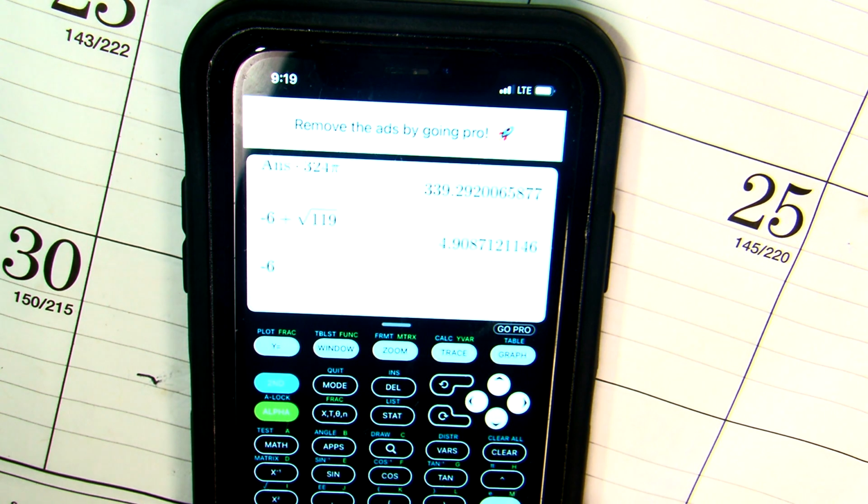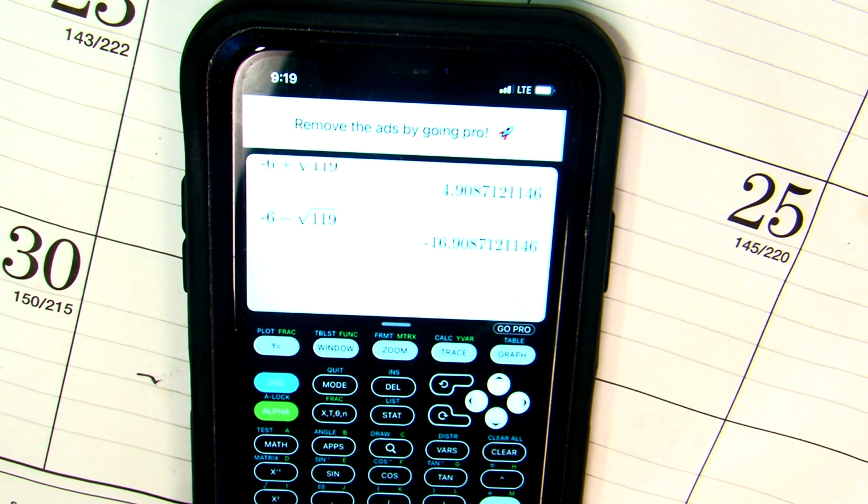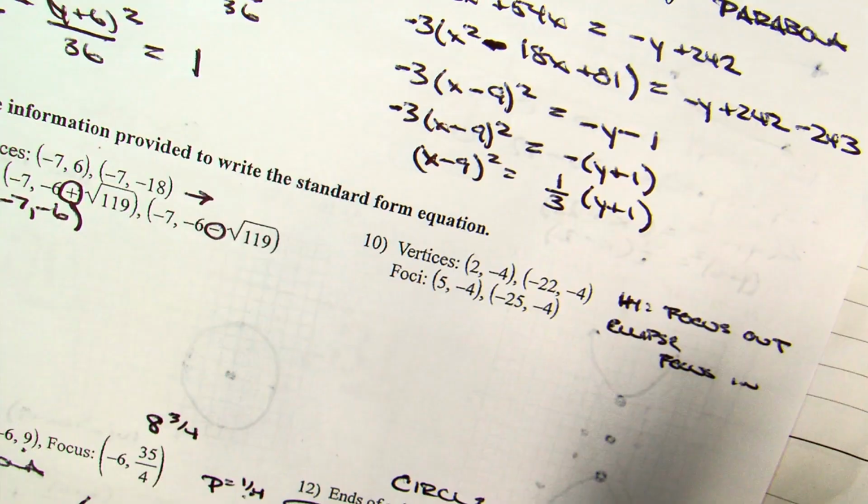Negative 6 minus the square root of 119 puts me at negative 16.908. So that means they're inside the vertices. So that means it's an ellipse. Make sense? All right. So this is an ellipse.